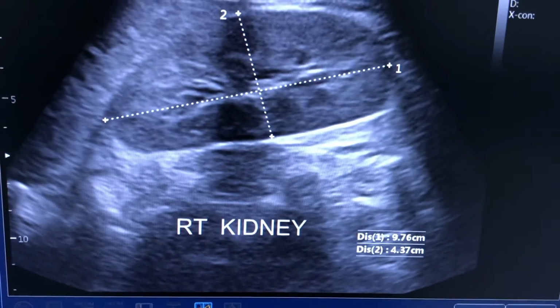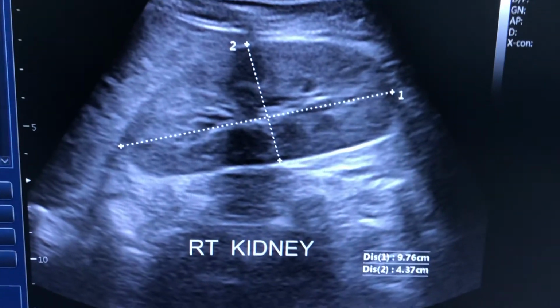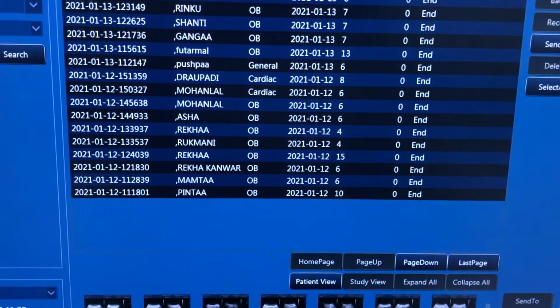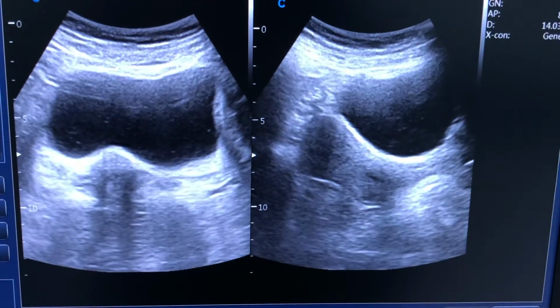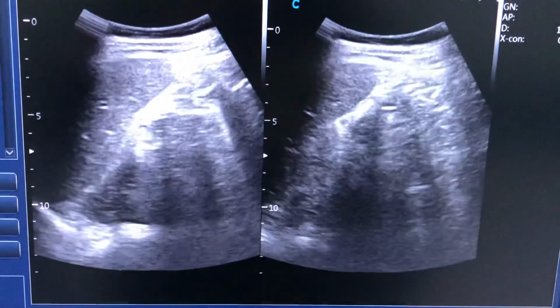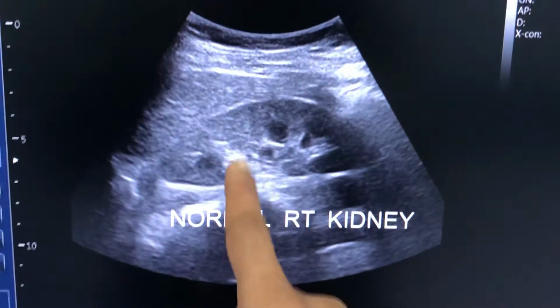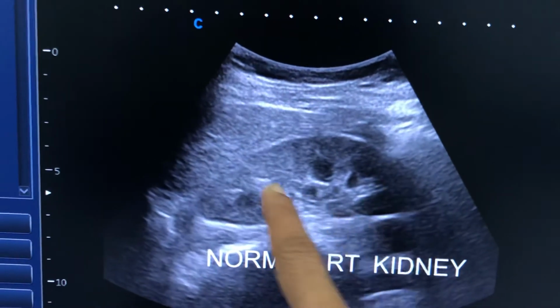Once again, just see this kidney and I will show you the normal kidney. Yes, here you see there is a difference. Here there is a pointing.